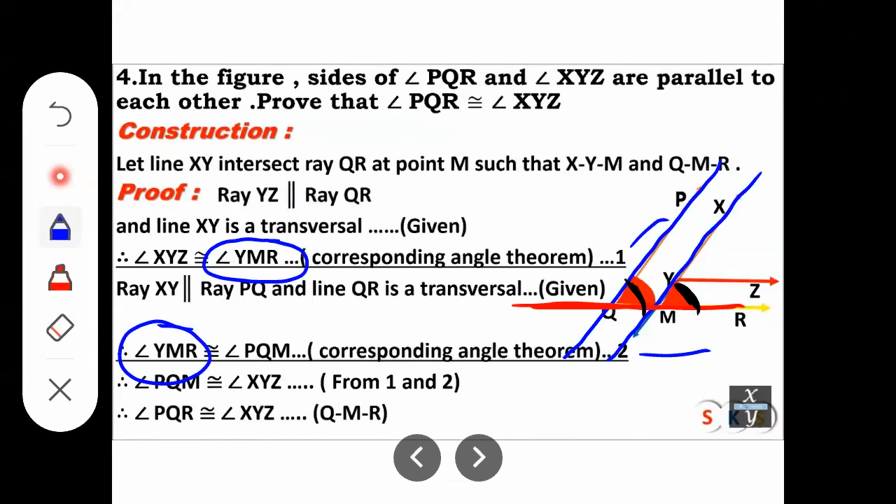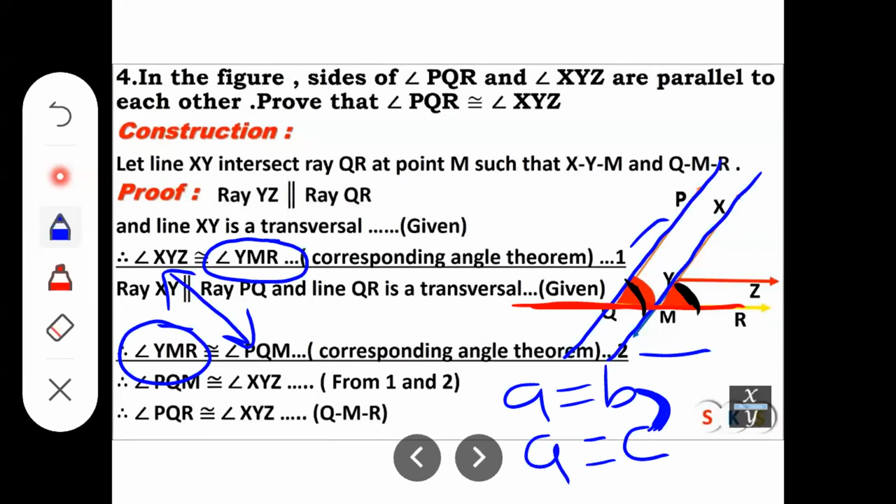So if those are similar angles, the rest of the angles will also be congruent to each other. Means A equal to B, and A equal to C, then B equal to C. Using that property, these two angles, see the arrow here, angle XYZ will be congruent to angle PQM.